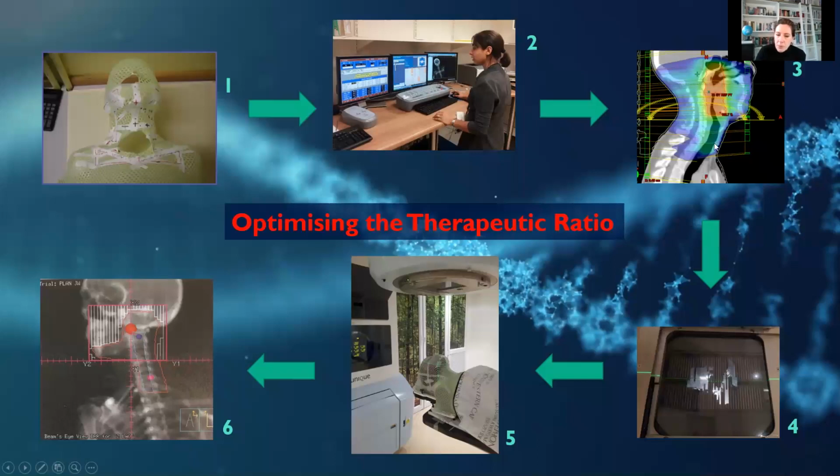The patient is then put onto the treatment bed. This is the linear accelerator. This image here is just representing the shielding of normal tissues. We use in the modern radiotherapy machines a multi-leaf collimator. These leaves can move in and out. They're controlled by the computer, and they shield the normal tissues.